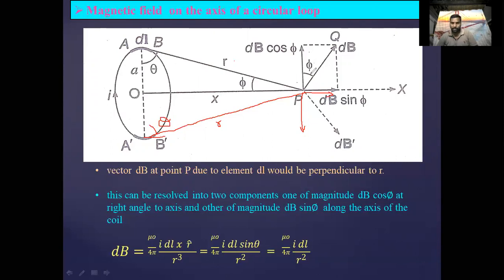Now, the magnetic field due to only the horizontal component, that is B is equal to integral dB sin phi.